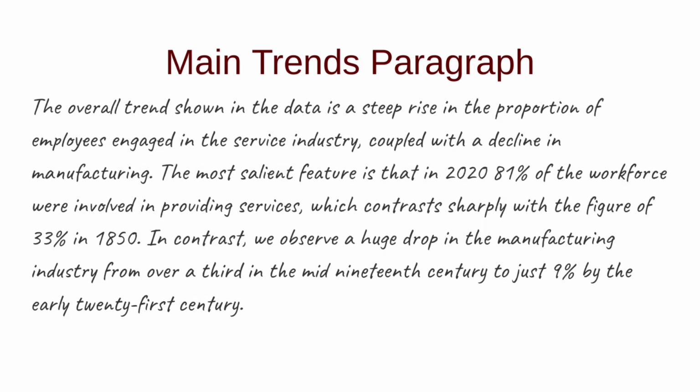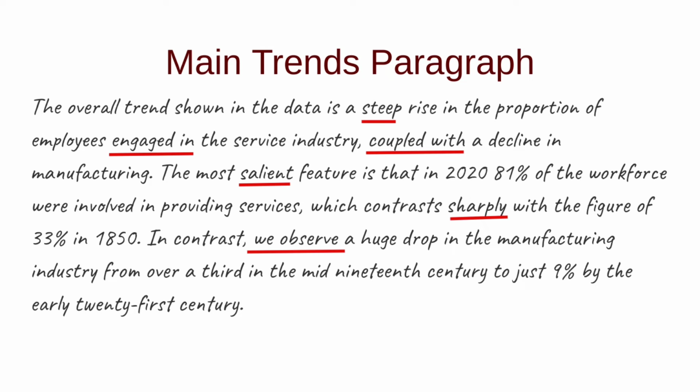I want you to look at the vocabulary we're using here. Words like steep rise instead of a big rise, engaged in instead of working in the service industry, coupled with meaning together with, the most salient meaning noticeable or important, contrast sharply, and we observe instead of we can see.